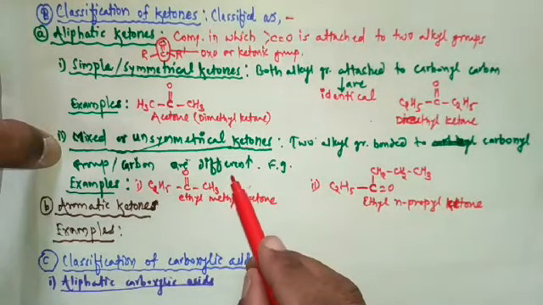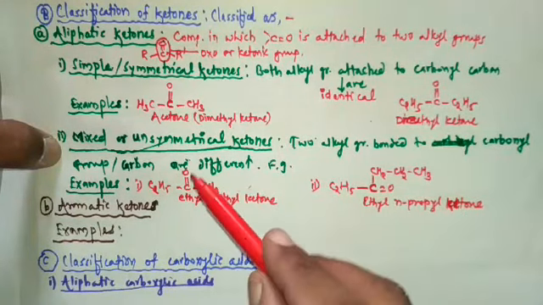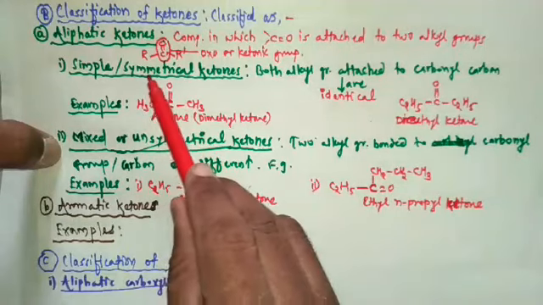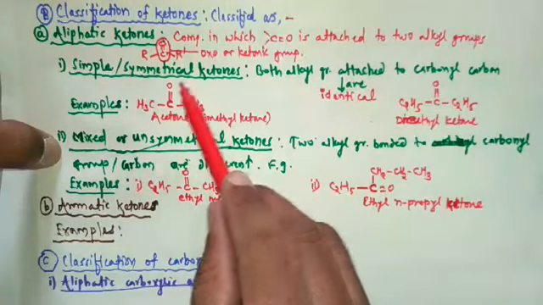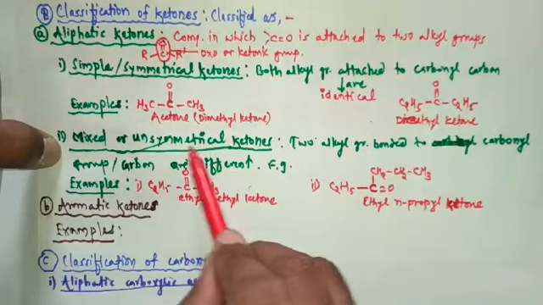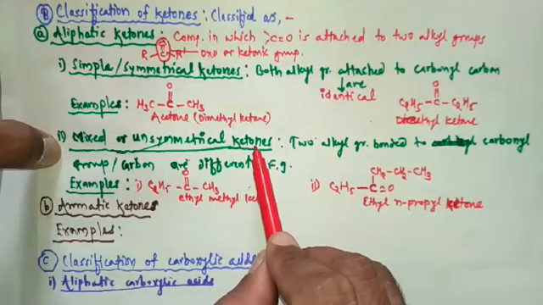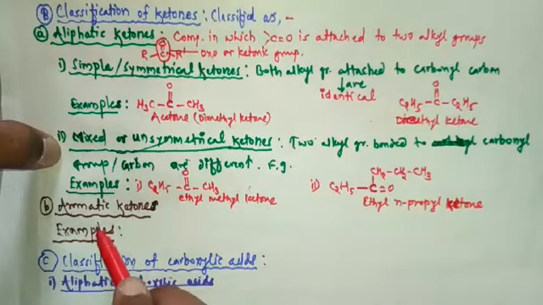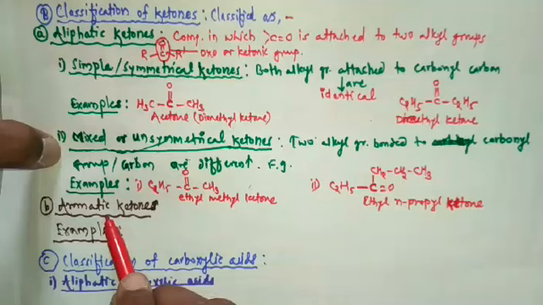After studying the two different types, simple or symmetrical ketones and mixed or unsymmetrical ketones, now we are going to study the next class of ketones, and that class is aromatic ketones.